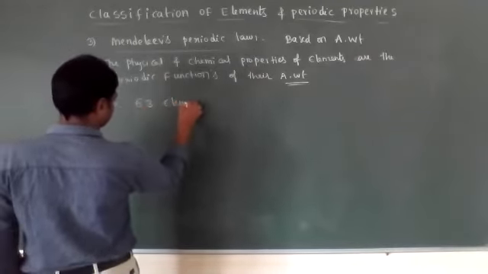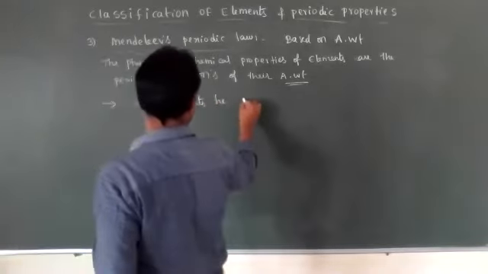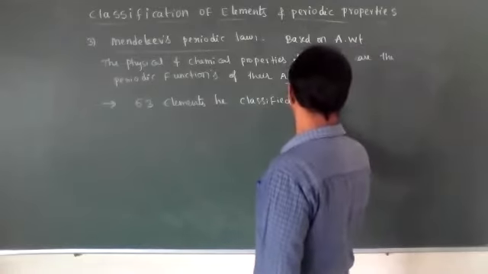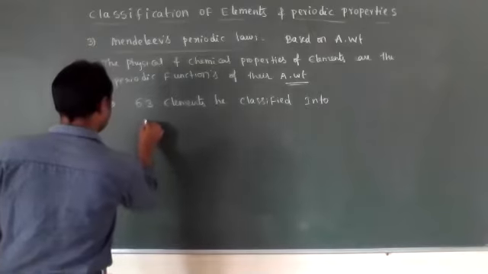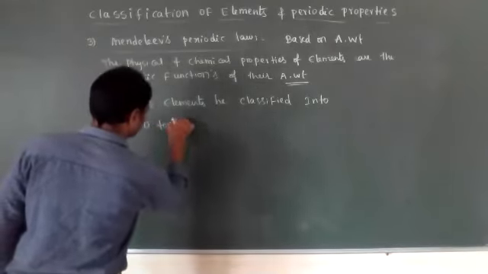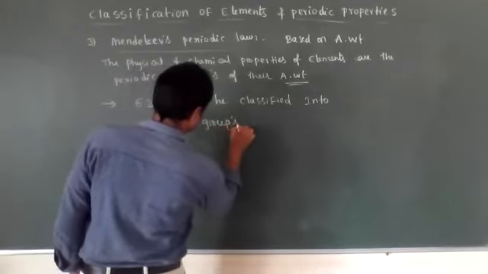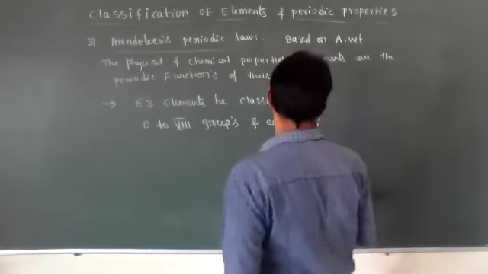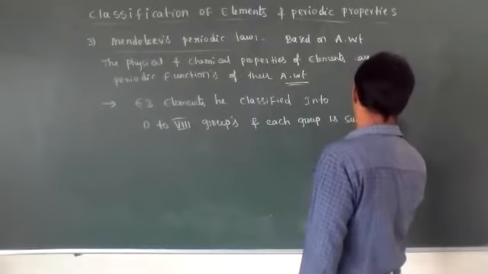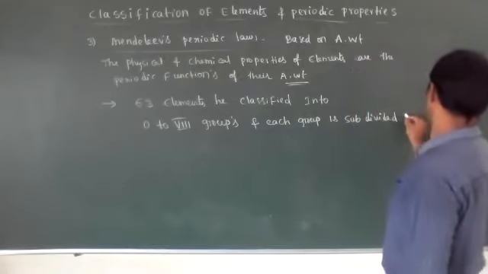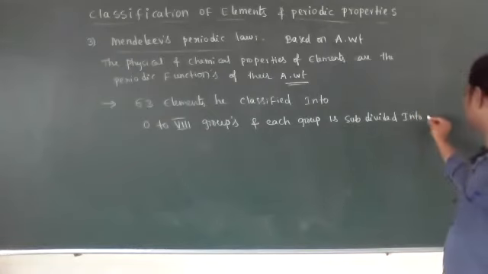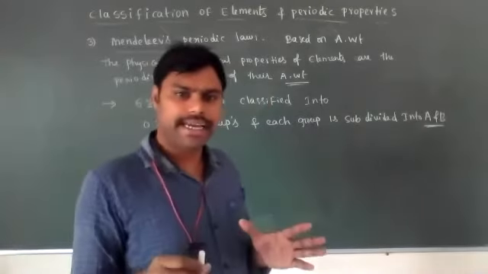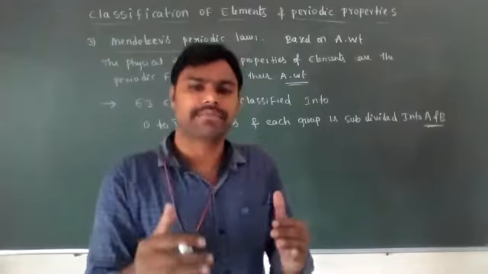The elements he classified into 0 to 8 groups, and each group is subdivided into A and B. So he arranged 0 to 8 groups, and again each group is subdivided into A and B.